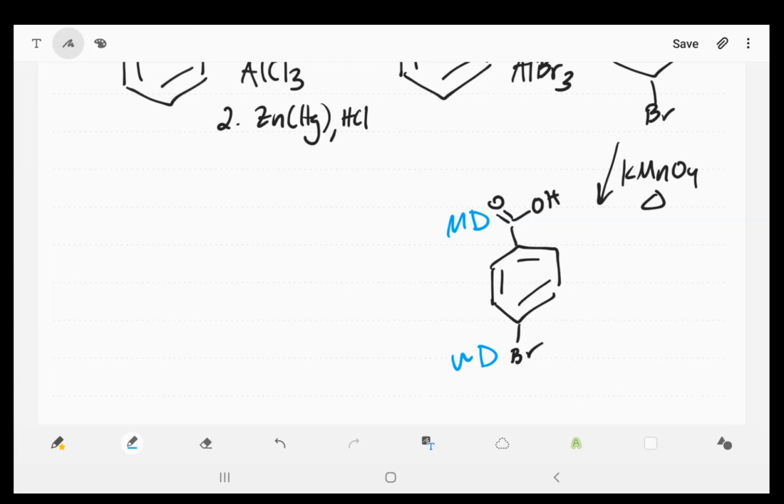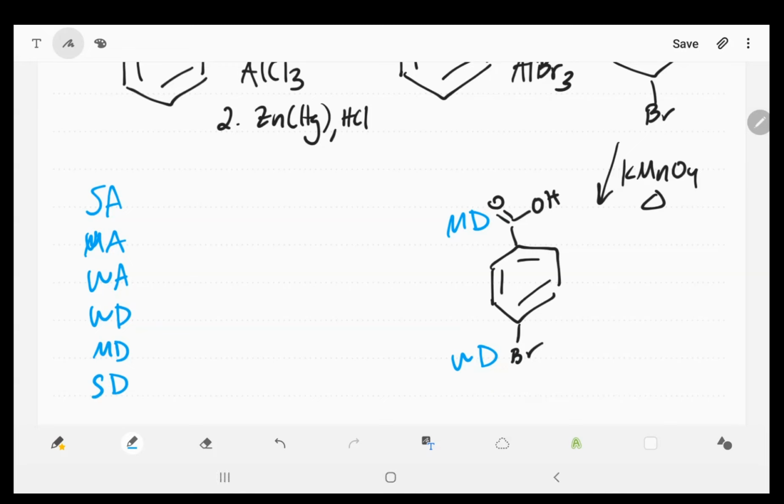As odd as it may seem, they're both deactivators, but between those two, bromine is better at activating because it's less good at deactivating, if that makes sense. So remember, this is the order of activating things.